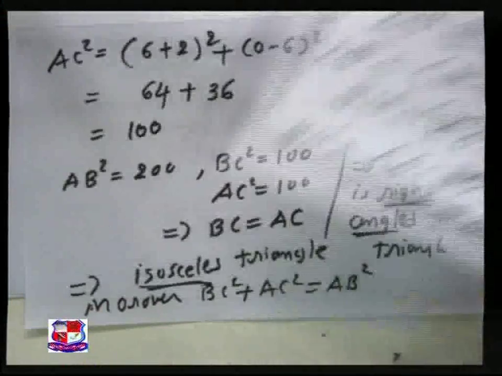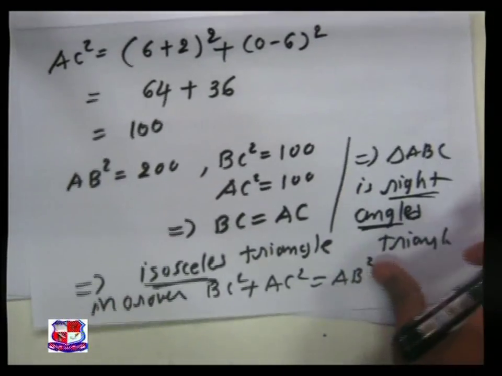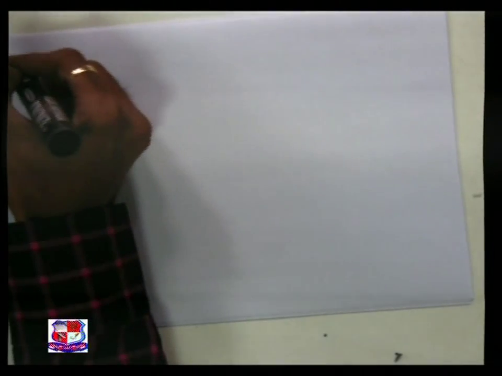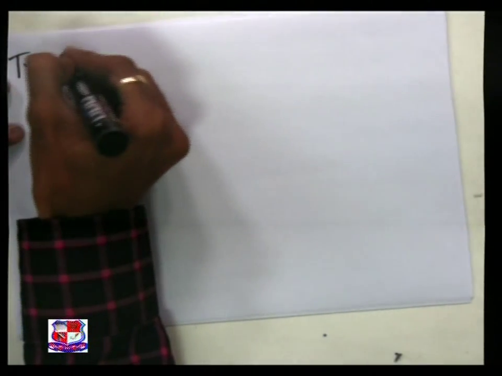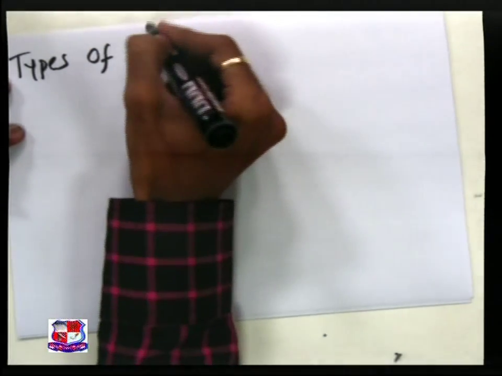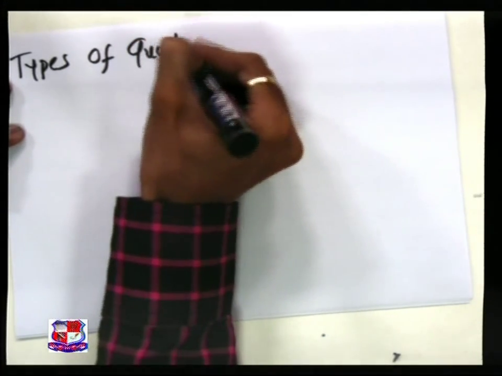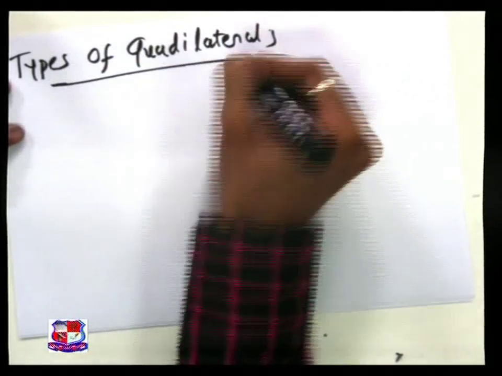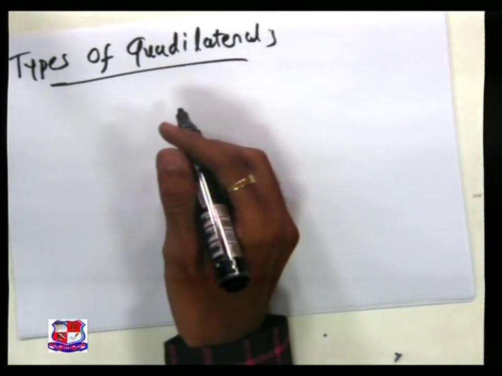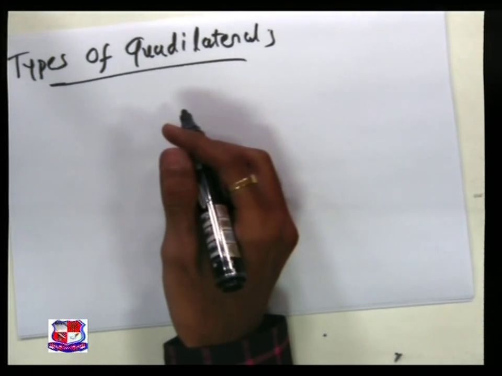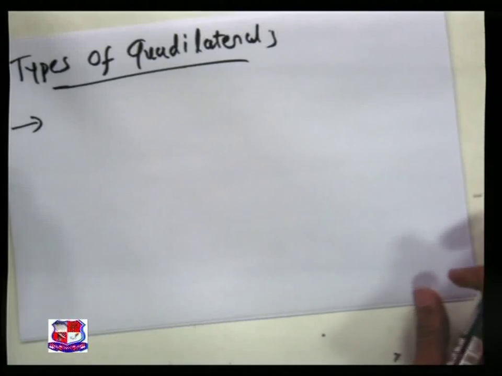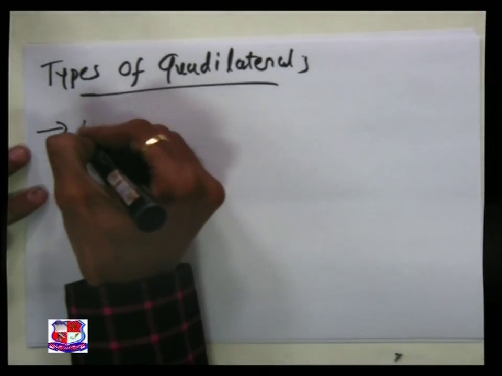So let us look first at the types of quadrilaterals. First of all we have the parallelogram.